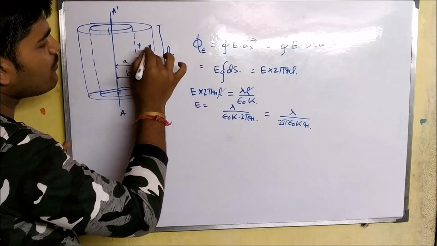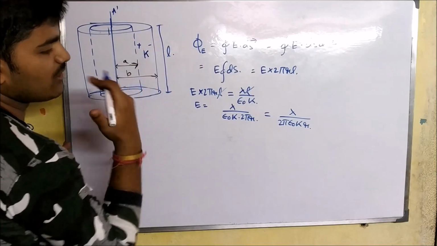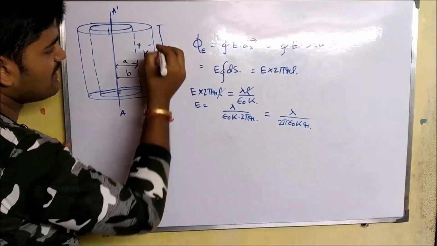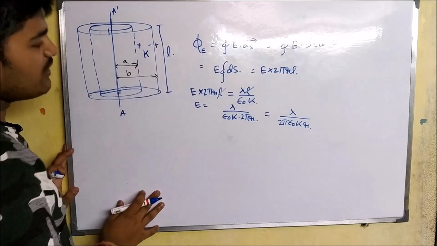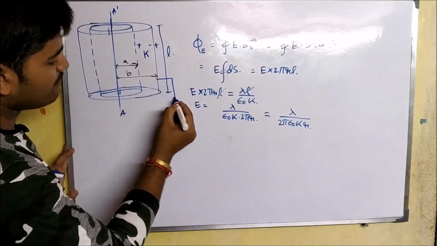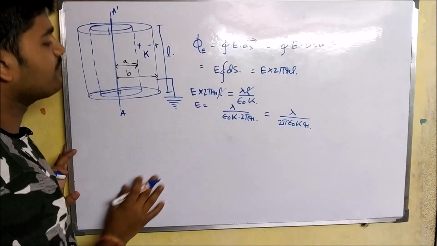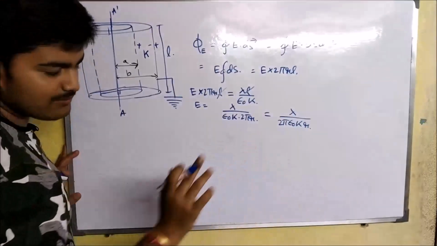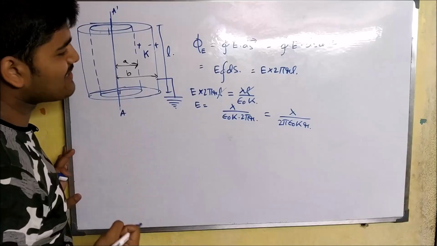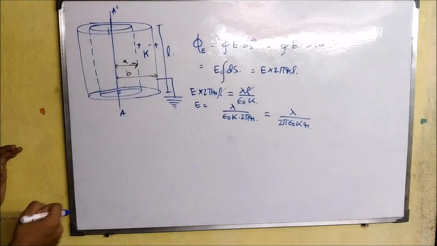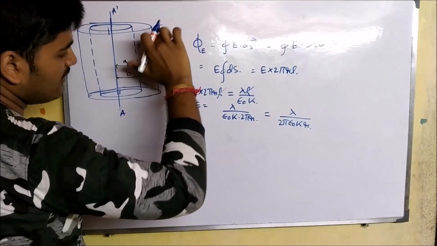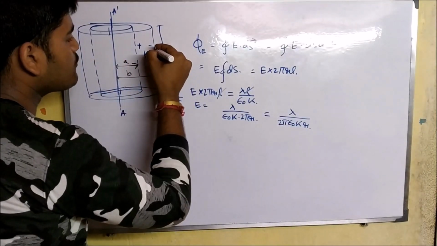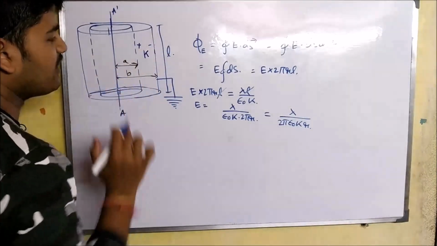So an equal amount of positive charge will be induced on the extreme outer surface, as plus. Now if we earth this surface, what will happen? This plus charge will directly go to the earth, as earth is a very good acceptor of positive charge. So this plus charge will get transferred to the earth. So this will be simply positive and negative.